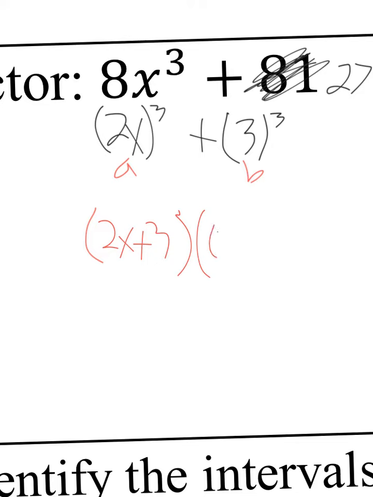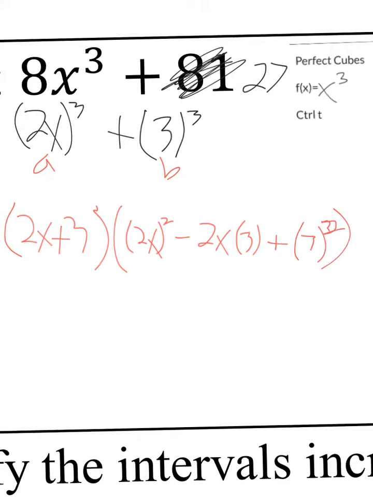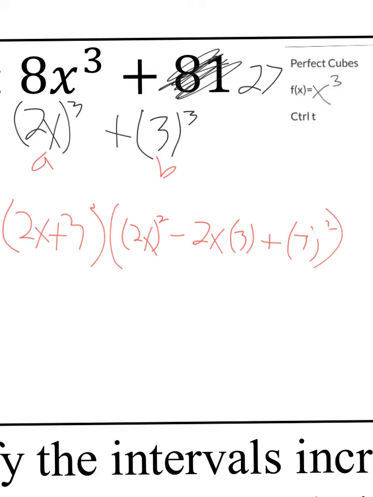So that's 2x squared, minus, and that's going to say AB, so 2x times 3, and then it'll say plus B squared, so 3 squared. All right, and now we just need to simplify what we can simplify.